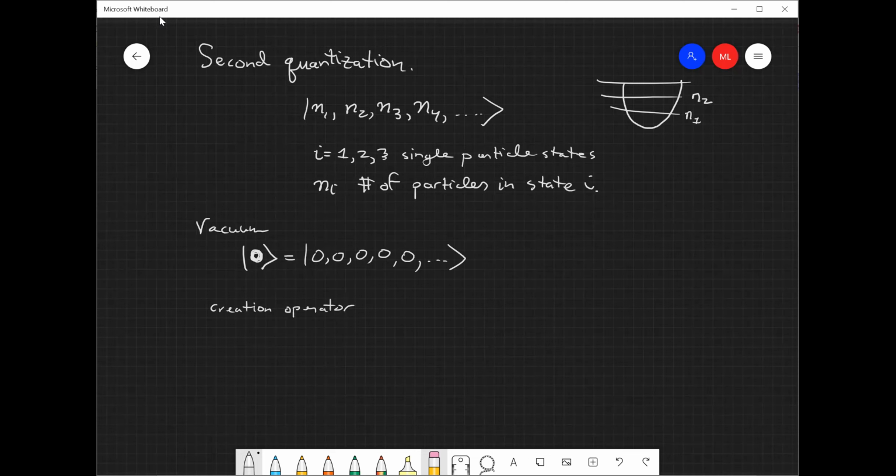And what it does is it'll say, I'm going to create a particle in state I. And so what that means is, what better happen is that if we take A_I dagger and act with it on the vacuum, what we better get is a single particle in state I. We can call that K sub I. And this is the single particle state, one particle in state I.